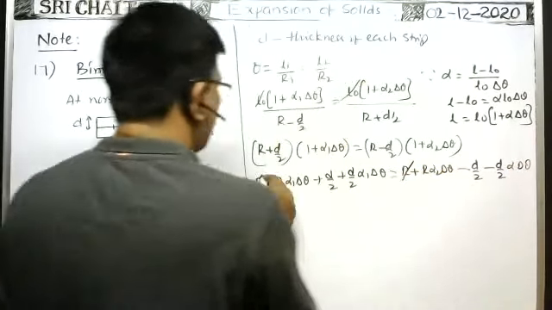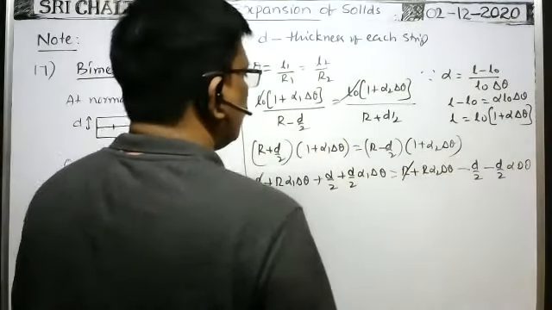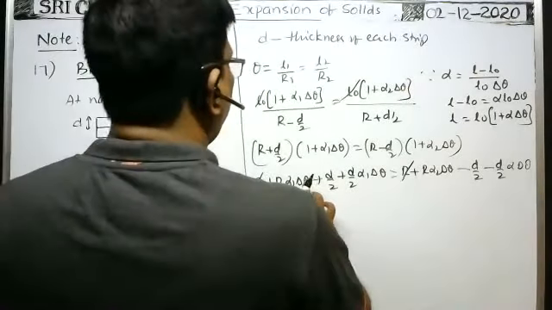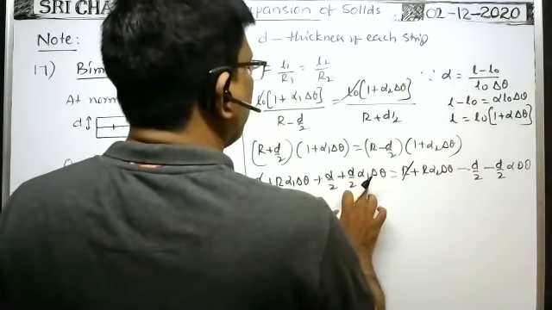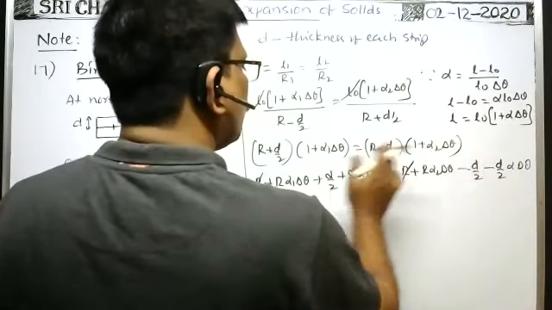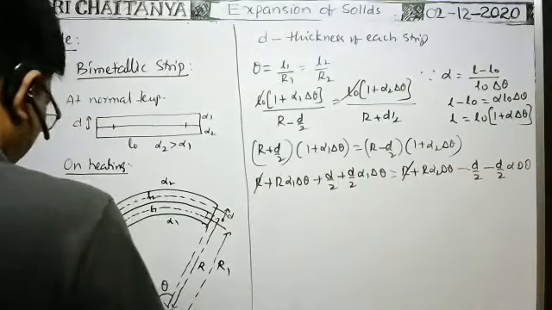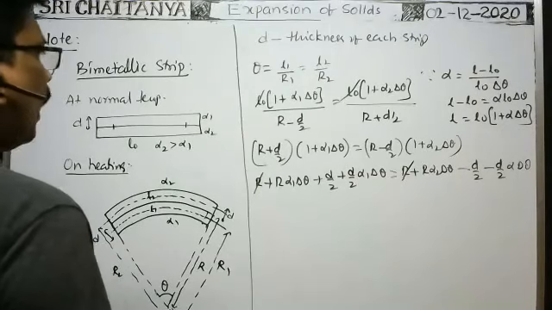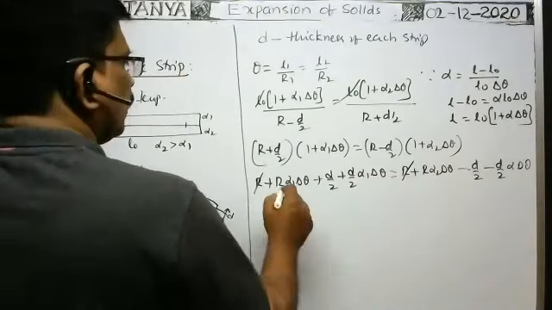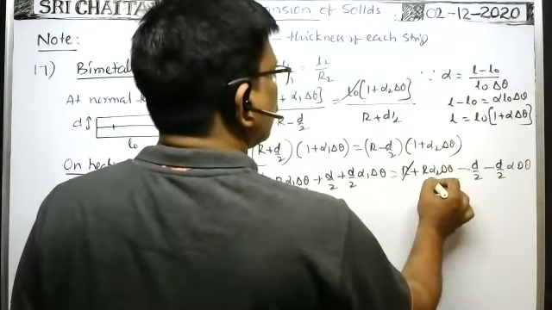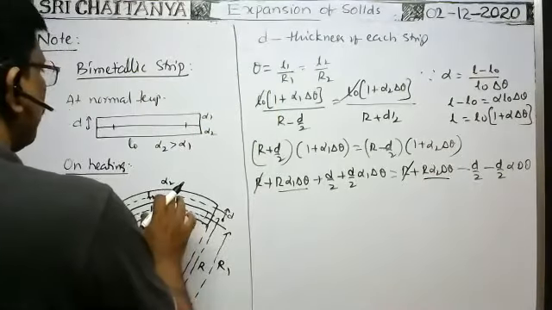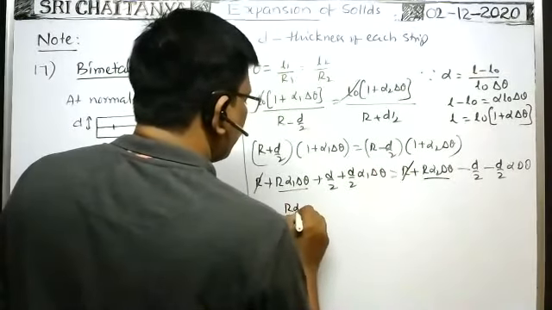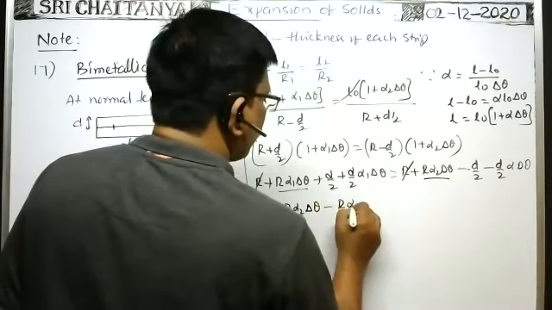Here R cancels, so the remaining terms are as follows. Since alpha 2 is greater, you bring this to the right: R alpha 2 delta theta minus R alpha 1 delta theta.